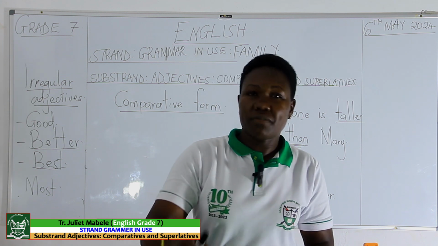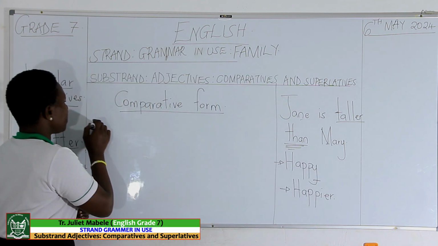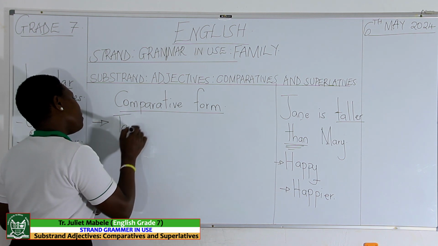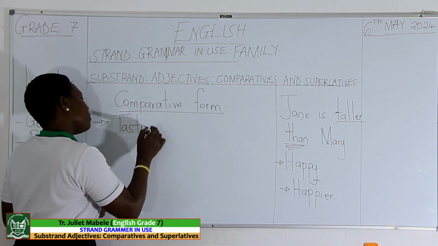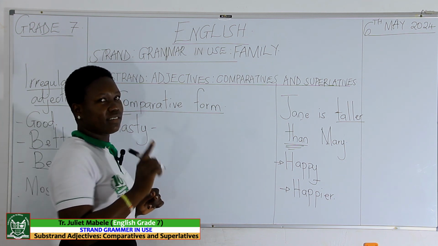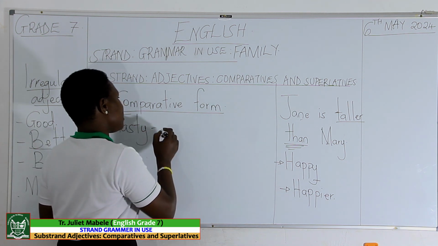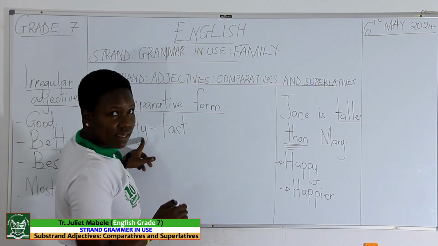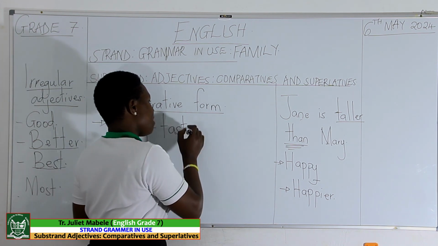I hope you've done that with your friend. Very good. Clap for yourself. So the word is tasty. The comparative form of this word will be tastier. Well, how are we doing that? You drop Y, then you add the suffix IER.